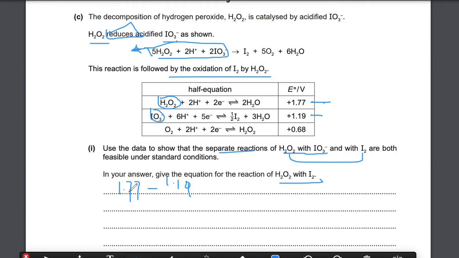Because if we subtract 1.77 minus 1.99, it would be positive, it would be greater than 0. So that means the reaction is feasible.